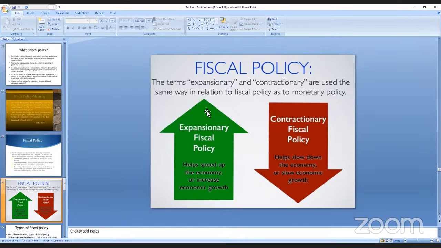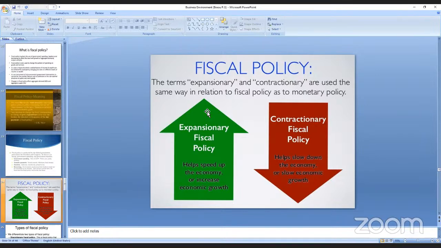Next, fiscal policy. Fiscal policy has two terms, expansionary and contractionary. Expansionary fiscal policy means it helps speed up the economy, or they want to increase the economic growth. Expansion means increase. Is it clear?